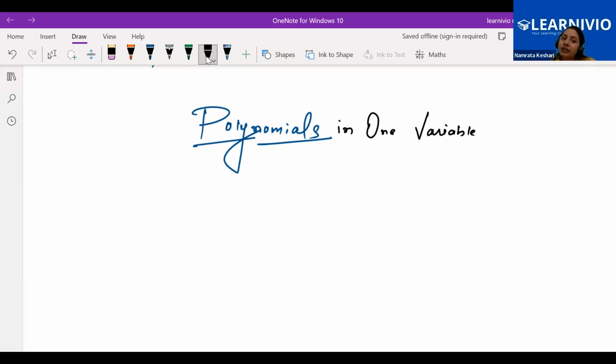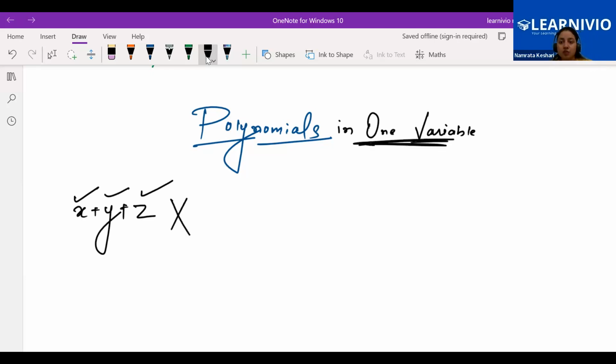If I am writing x plus y plus z, this is not a polynomial in one variable. Why? Because one variable is x, the next variable is y, the other variable is z. So three different kinds of variables are there, so one variable is not there. So we are not talking about this one. We are going to talk about polynomials in one variable.